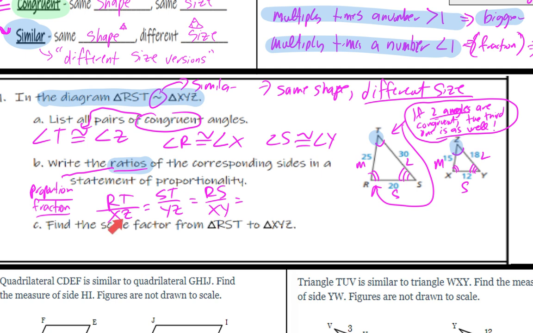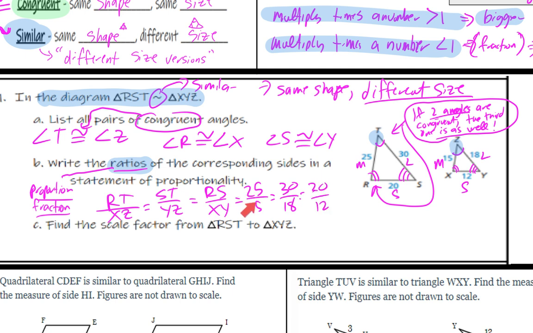So RT over XZ is 25 over 15. Okay, well, 25 over 15 is also proportional with, we said, 30 over 18, and that's also 20 over 12.